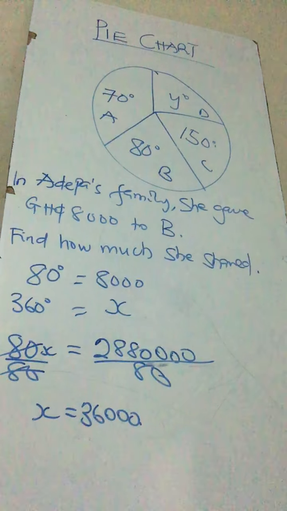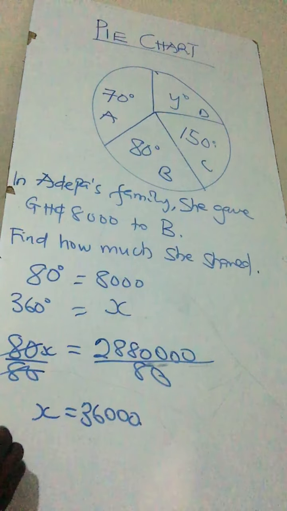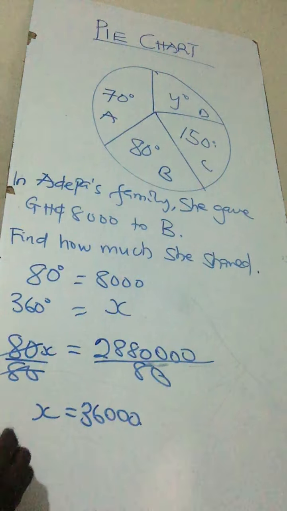So how do we do it? You take A's angle, which is what? A's angle is 70. So 70 over 360 times the total money involved, 36,000.